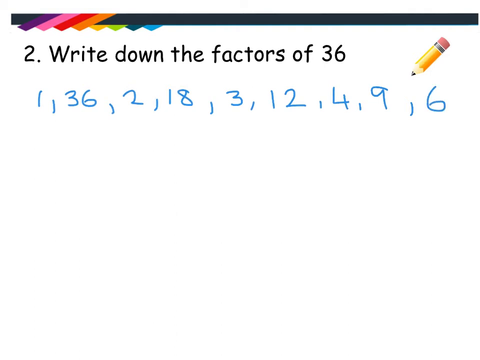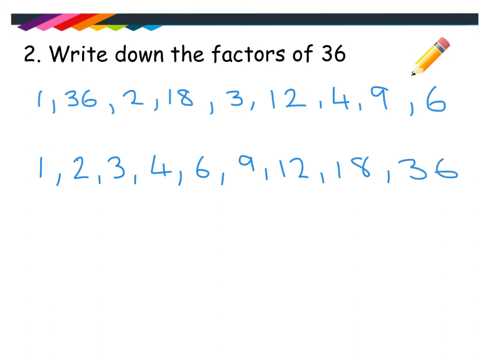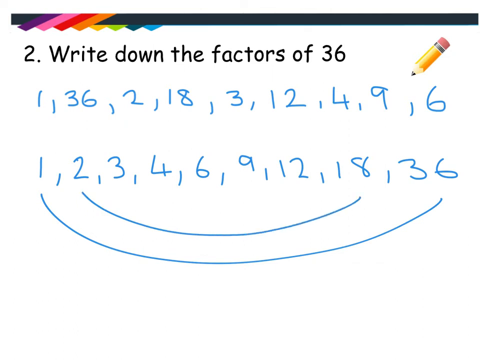Now if I put these in order, we've got 1, 2, 3, 4, 6, 9, 12, 18 and 36. And if I just show you the pairs, we've got 1 and 36, 2 and 18, 3 and 12, 4 and 9. There's no wee pair to go with the 6.